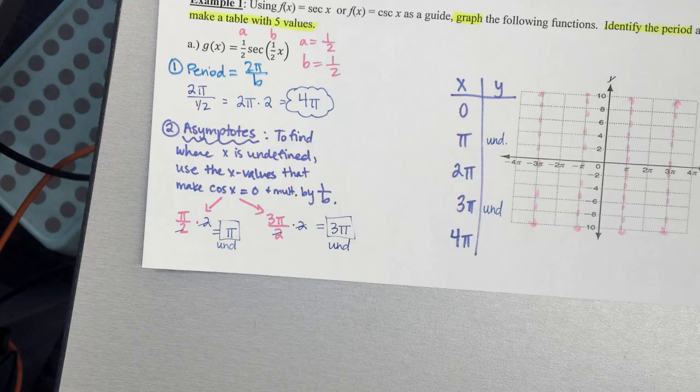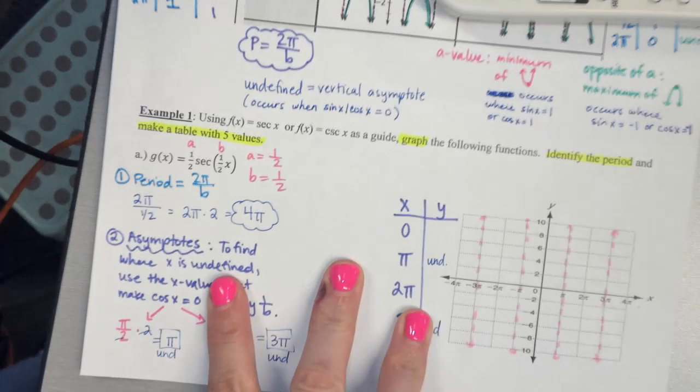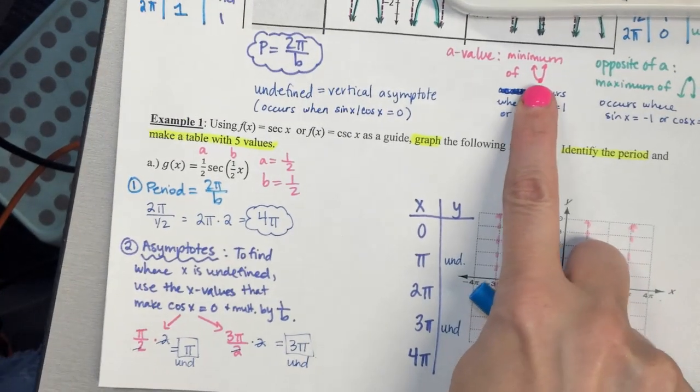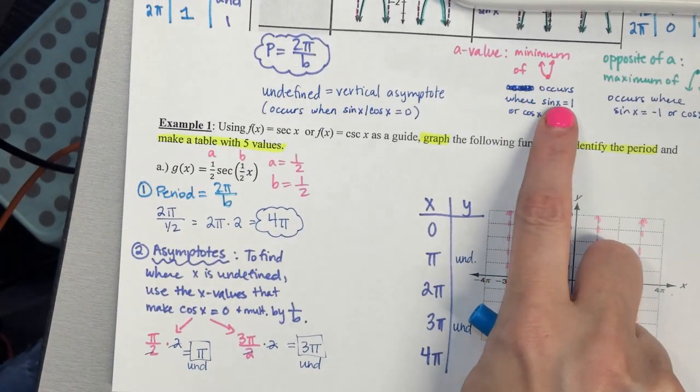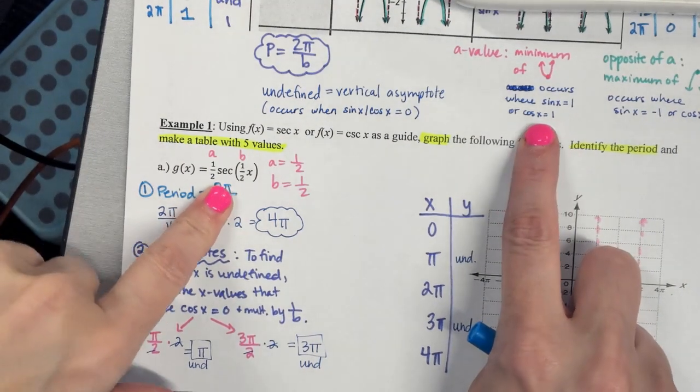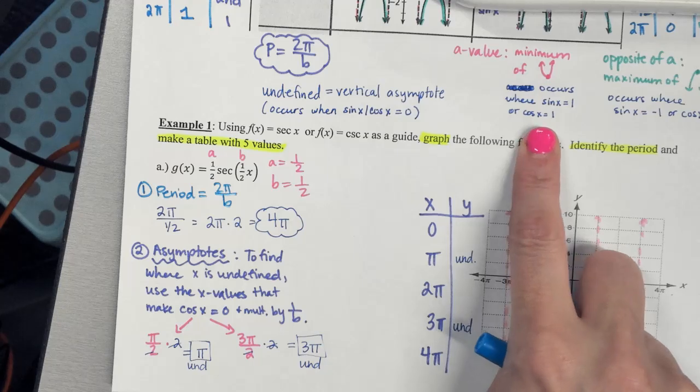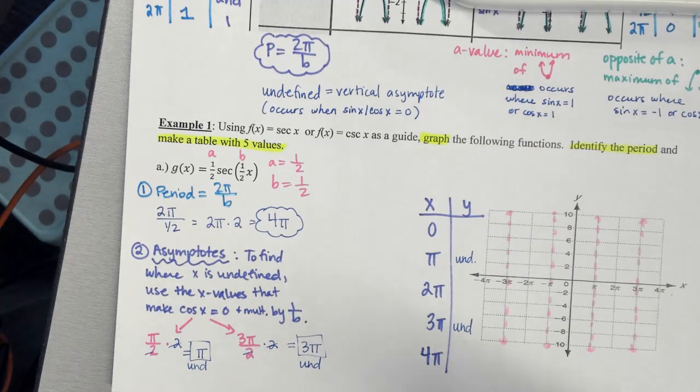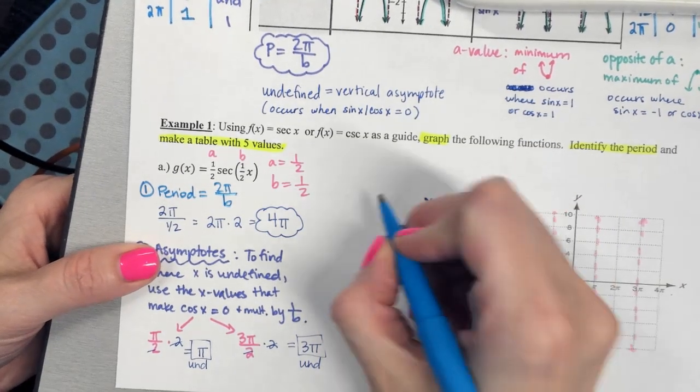All right, and then we want to find out where your max values are and where your minimum values are. So remember, your A value of 1/2 is going to be where the minimum is of your parabola, and that occurs when the sine of x is 1 or the cosine of x is 1. This is the reciprocal of cosine. So where is the cosine 1? At 0.